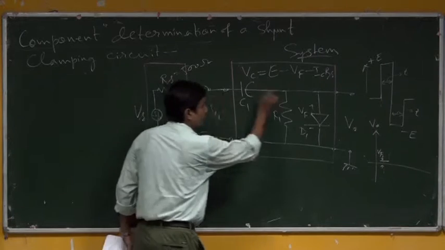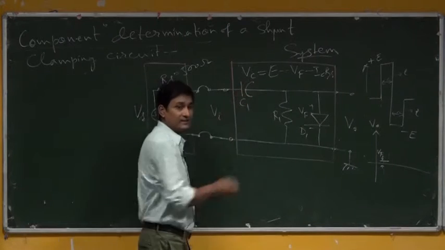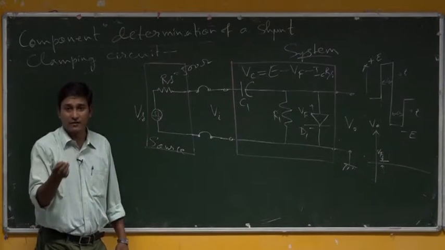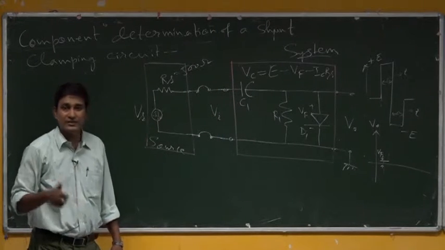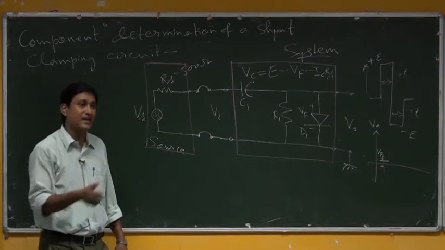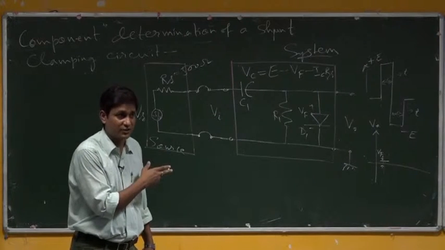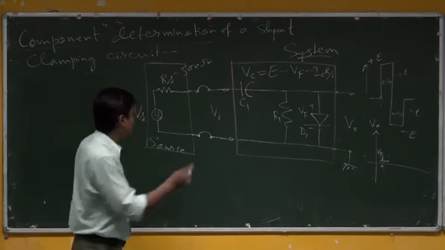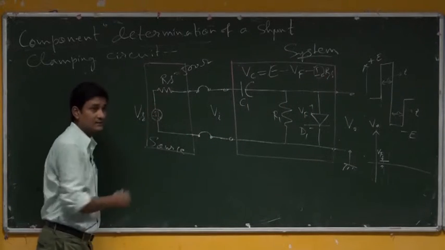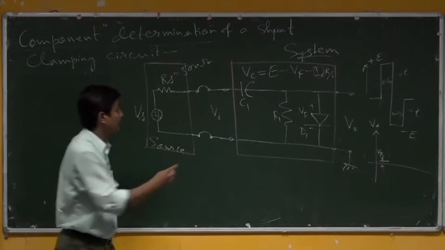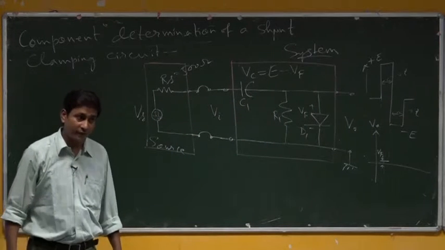See here, when it is in conduction at the very beginning, the capacitor was charging from a lower value to a higher value, and finally it will reach the highest one. At the time it reaches the highest value that can be gained by the capacitor, what is the current through it? With reference to our previous discussion, the current should be 0. If the current through it is 0, what is the potential drop across the resistor Rs? Obviously 0. So finally it again becomes E minus Vf.